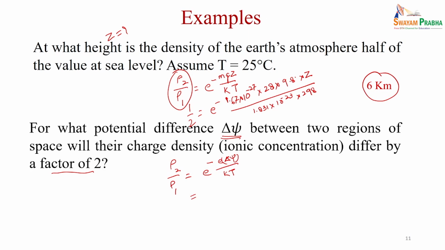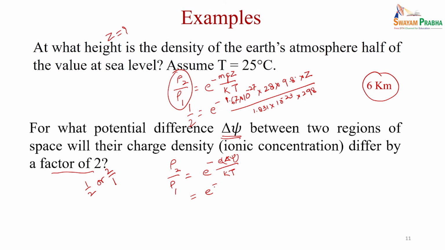So, now the factor of 2 can be either 1 by 2 or 0.5. It can be either 1 by 2 or 2 by 1, because it is not given which direction it is going. So, we will calculate for both, for 0.5 as well as for 2, e to the power minus electron charge.